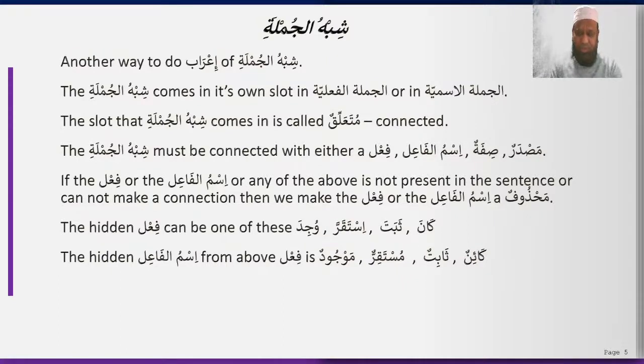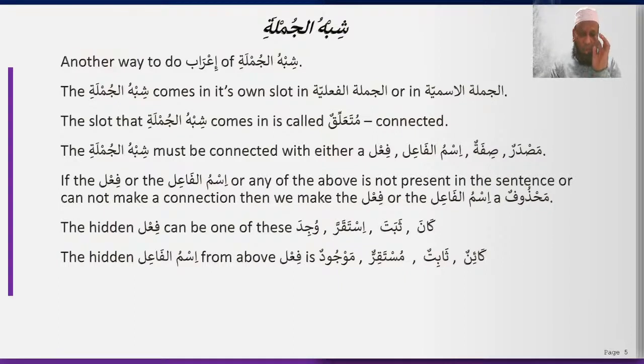If there is a sifa, a description ism, we try to connect that. If not, we look for a masdar. And there are a few others. Another one is ismul maf'ul. Another one is ismul mubalagha.